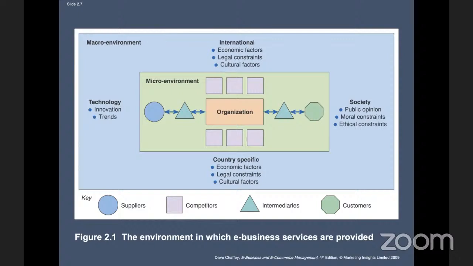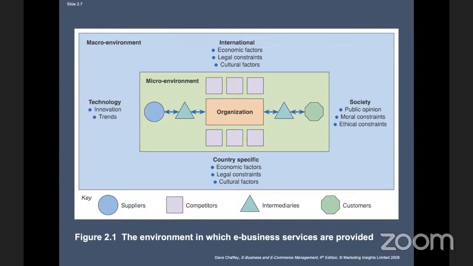Okay, here some different shapes are given. First, the round shape is the suppliers, and then the square one is the competitors, the triangle one the intermediaries, and the multi-faced round is the customers.